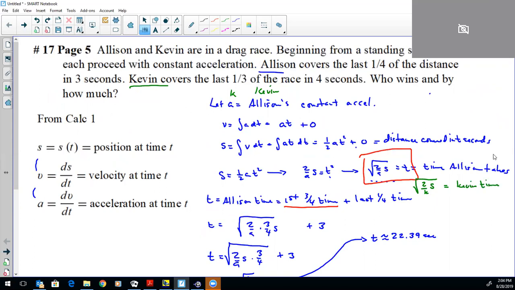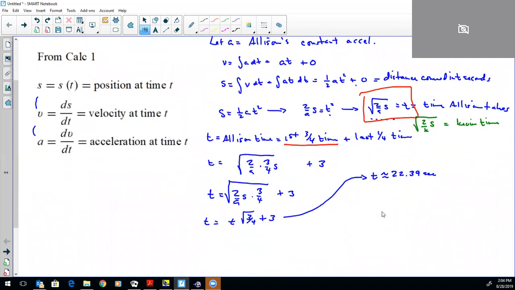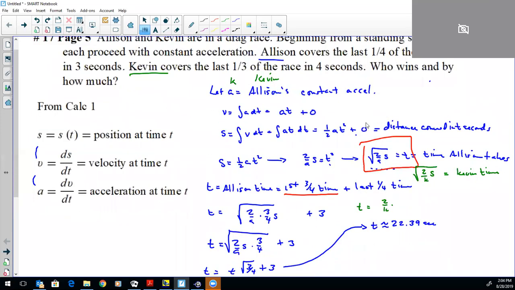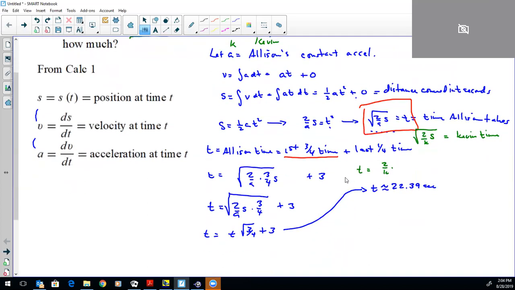When you got to this particular spot, you'd have 2 over k times, well now Kevin's race is divided up into thirds, so it would be the first 2/3 of s, plus, well he does the last 1/3 in 4 seconds.